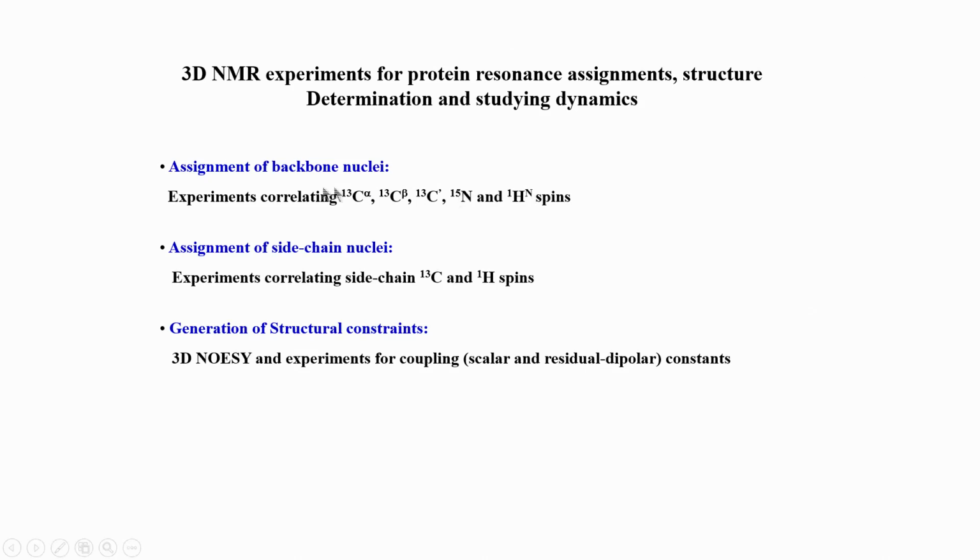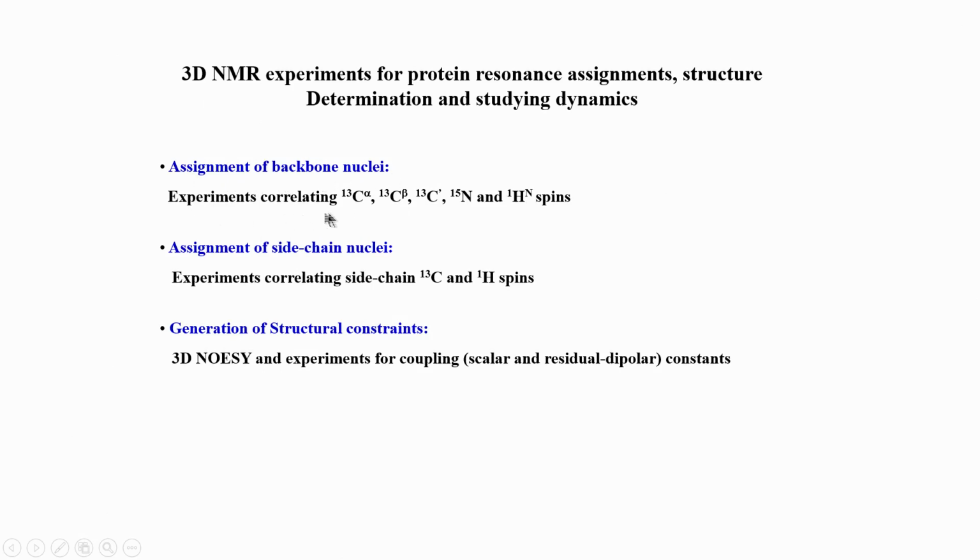That is the backbone assignment concept. Once you assign every proton and nitrogen chemical shift to a respective amino acid, it is very easy to get the carbonyl, C beta and C alpha of that amino acid, because there are a variety of 3D experiments, which we will see, that are used to get these correlations. So, one use of 3D NMR is to assign the backbone nuclei.